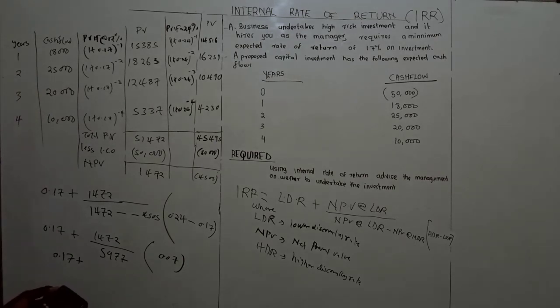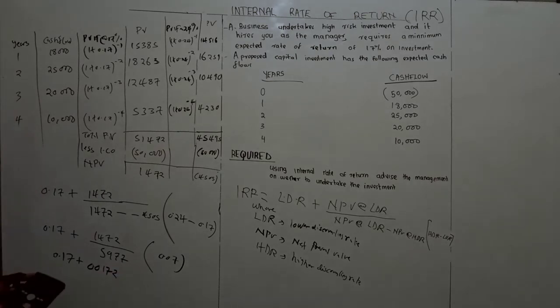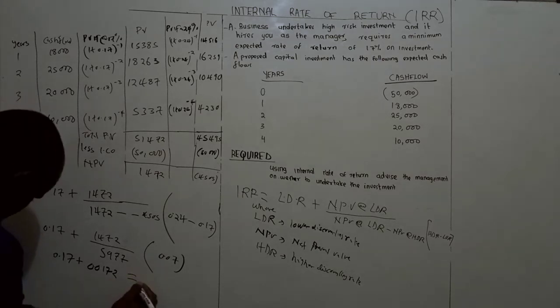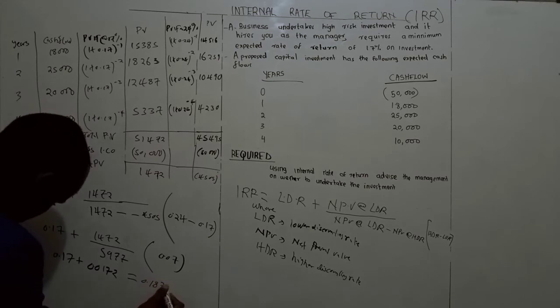Then multiplied by 0.07 gives 0.0172. Plus 0.17 comes to 0.1872.